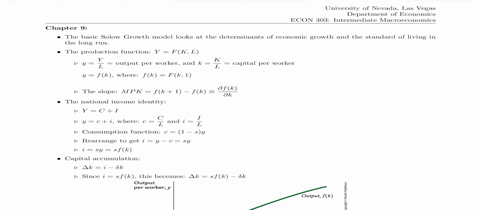Capital accumulation equation, that is delta lowercase k equals lowercase i minus delta times lowercase k. That is also equal to lowercase s times a function of lowercase k minus delta times lowercase k.